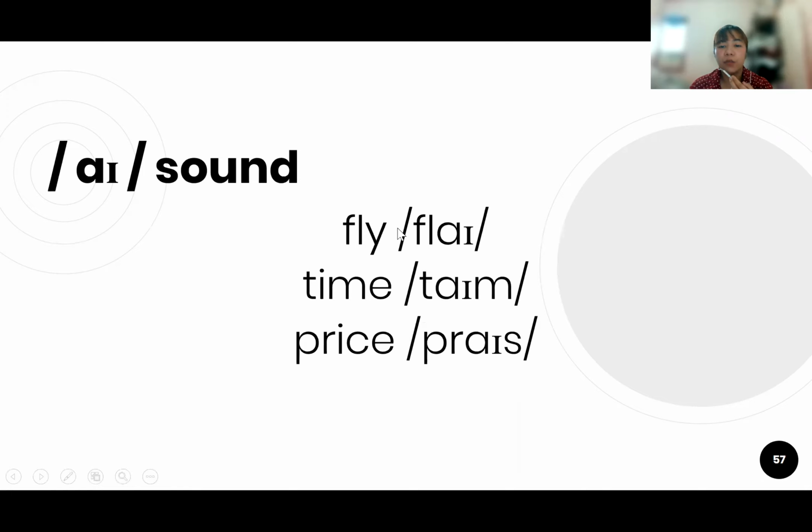For example, in the word fly, you have the sound of F, the sound of L, and Y here makes the I sound. It is not fly with a different vowel. That's why we make use of this symbol. Same with time.